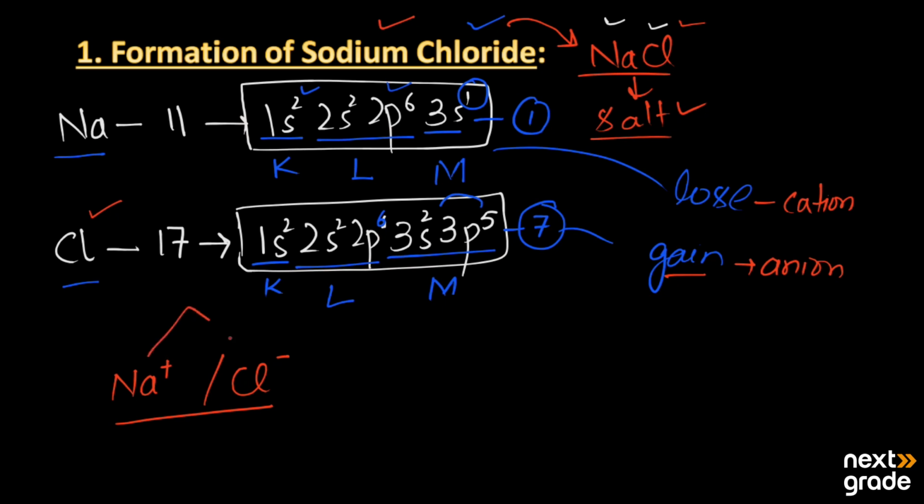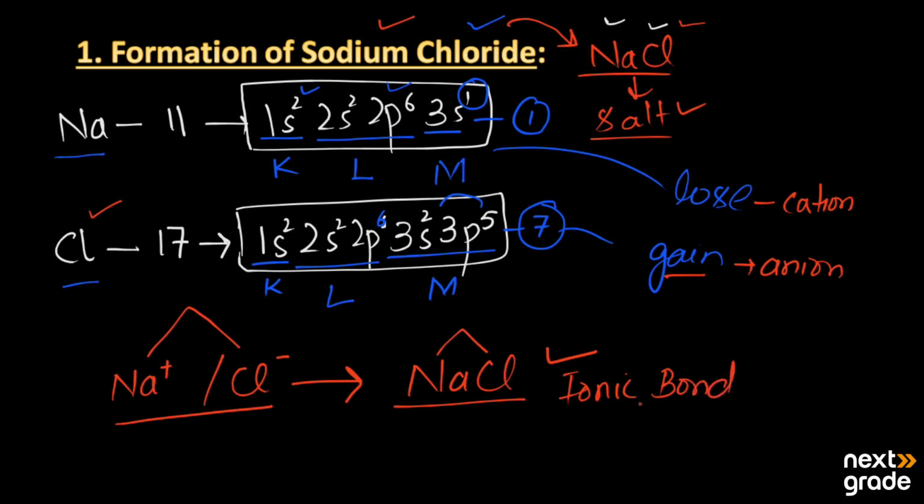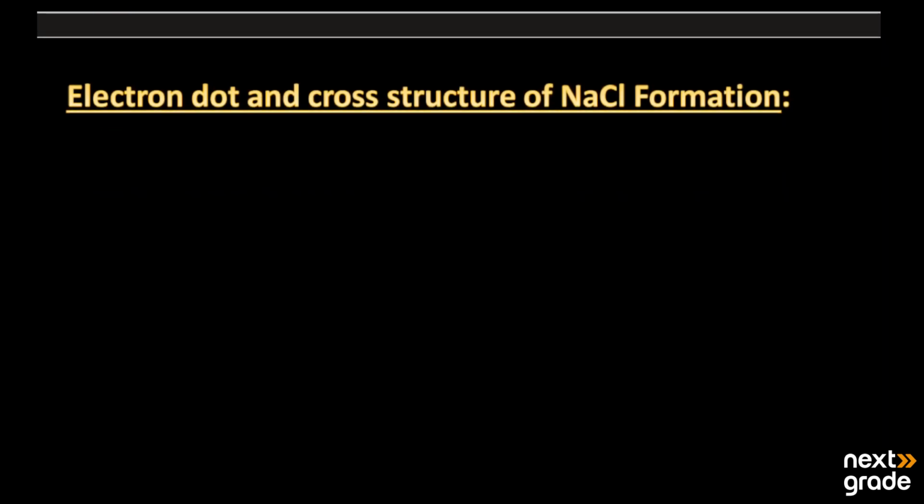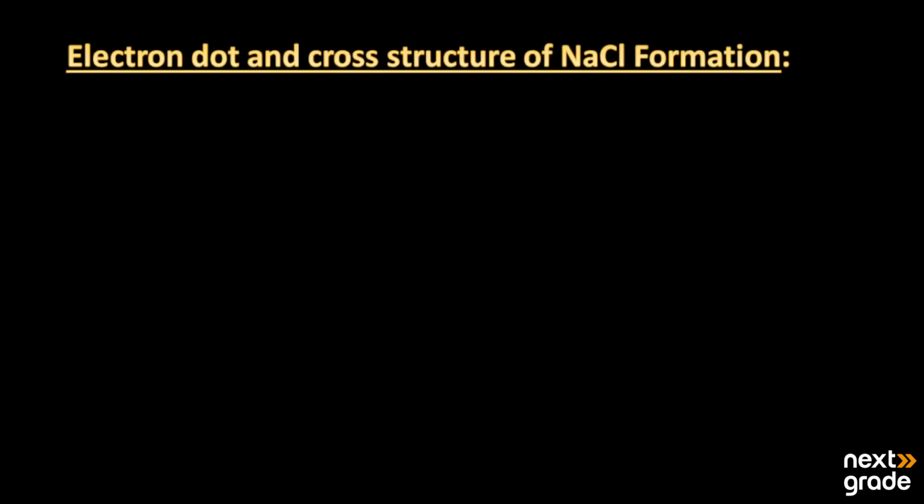Now the force of attraction will be created between sodium and chlorine, and they will be converted into NaCl. The bond created between these ions is the simple ionic bond.